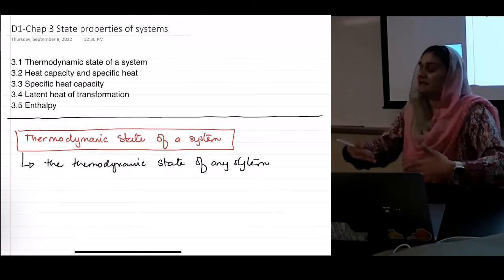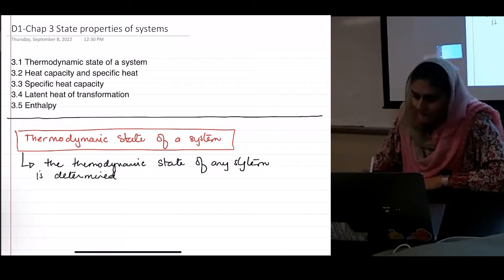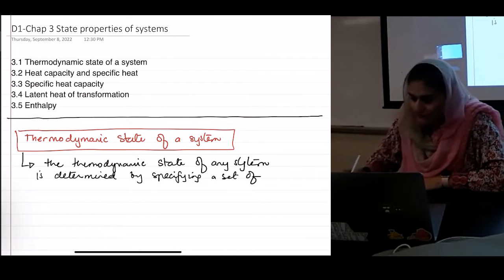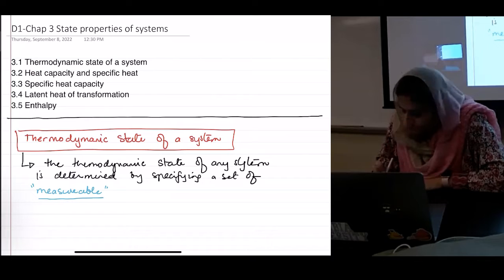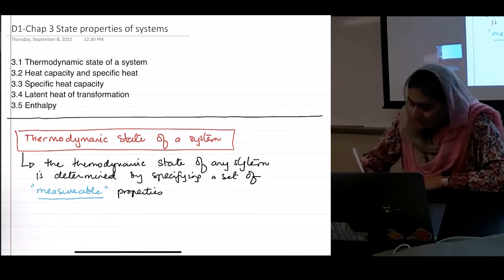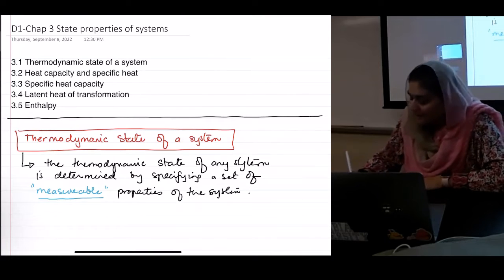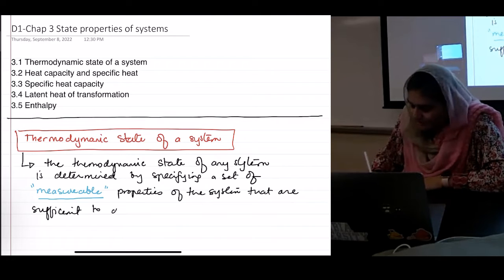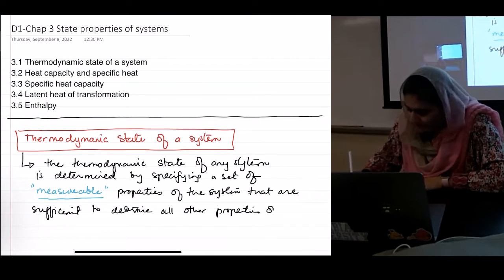So a thermodynamic state of a system is determined by specifying a set of measurable properties of the system that are sufficient to determine all other properties of the system.